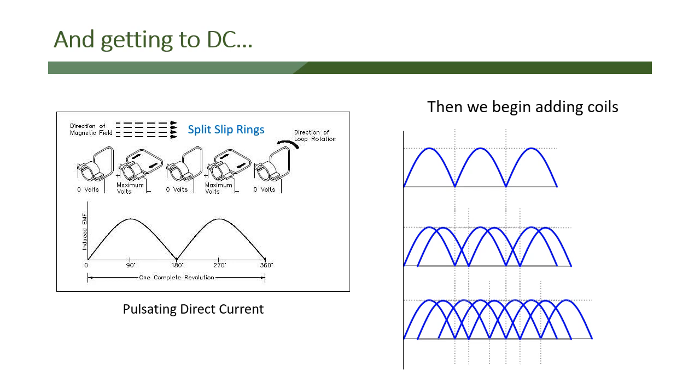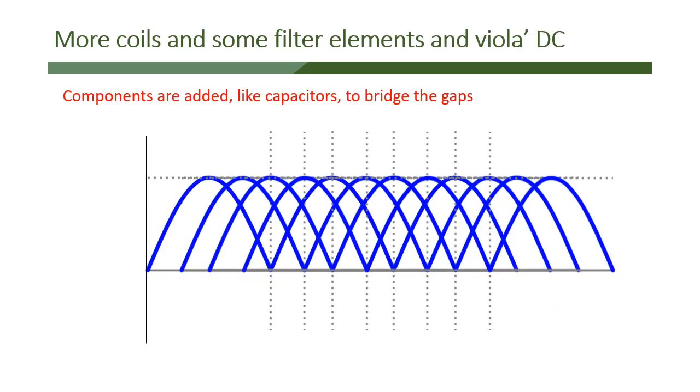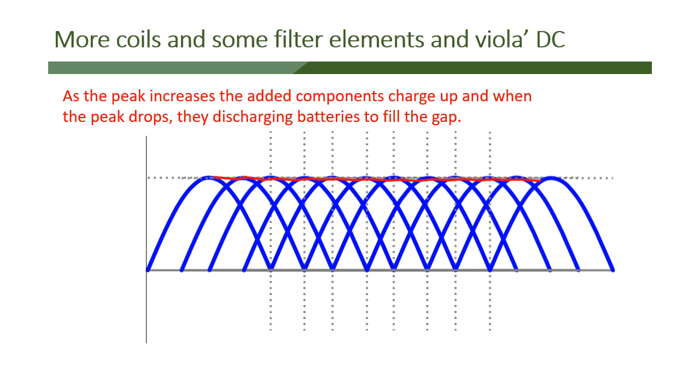To put it a little bit further, we have multiple coils, and we're pulling off multiple sine waves, and they're being added together, and then we can add additional components to the circuit like capacitors that will help bridge the gap. By adding a capacitor circuit, which we'll learn about later, we are able to charge up that device as the sine wave is going up, and as the sine wave starts to go down, it forces the capacitor to discharge, and it discharges to bridge to the next sine wave.